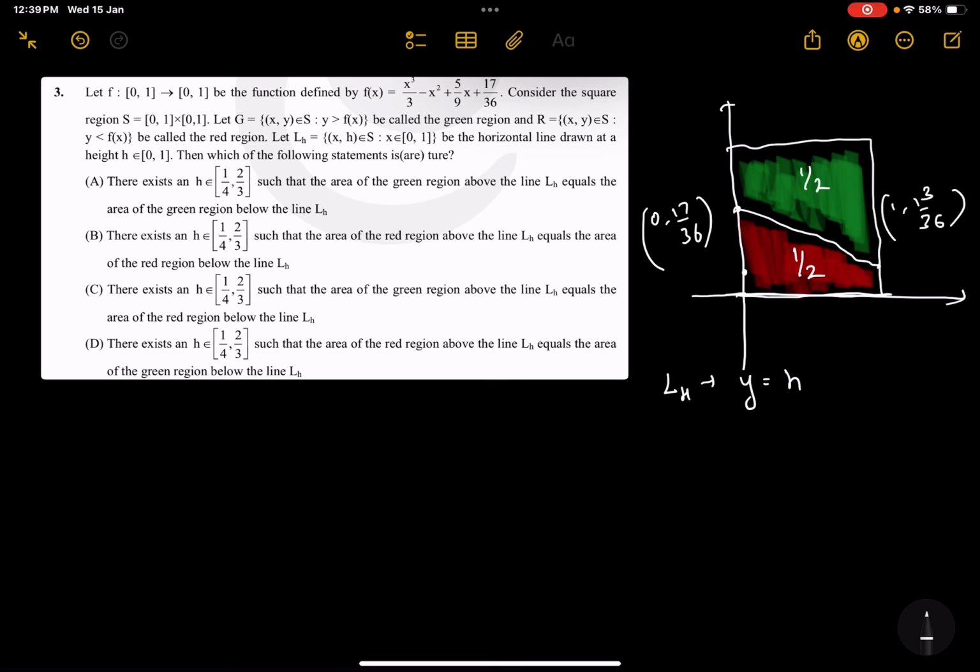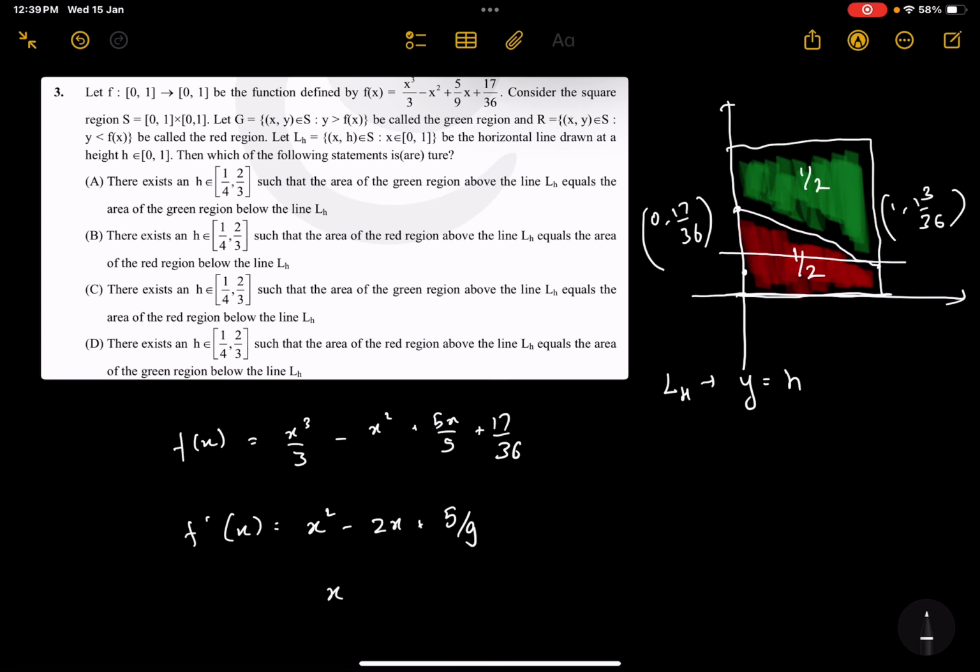So let's find the area of red region below the line h as a function of h. f(x) was x cube by 3 minus x square plus 5x by 9 plus 17 by 36. f prime was x square minus 2x plus 5 by 9, which is (x minus 1) squared minus 4 by 9.